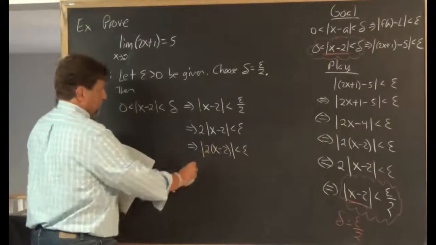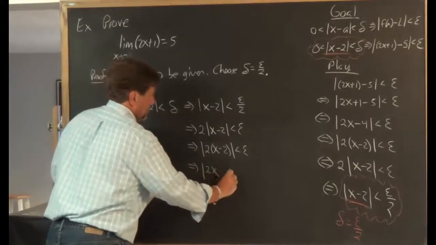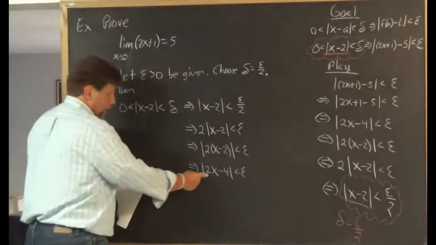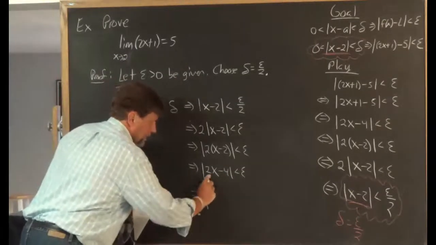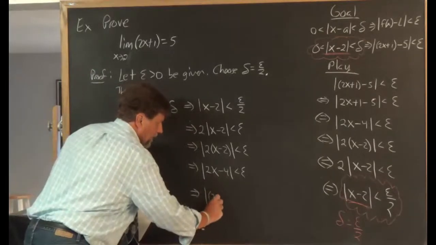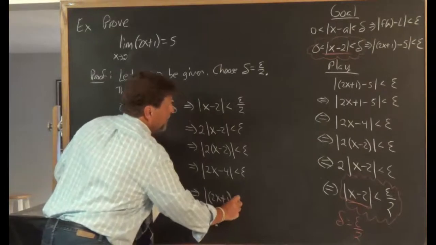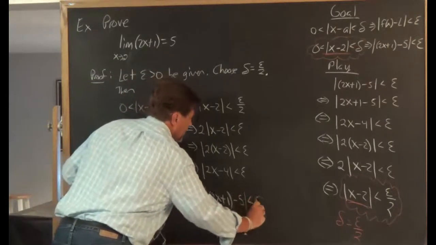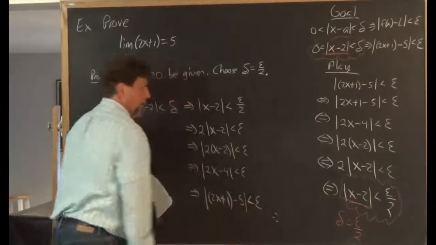You can distribute the 2 here. And then you could say, well, you know what, this 2x minus 4 is really the result of the quantity 2x plus 1 minus 5, and you're done.